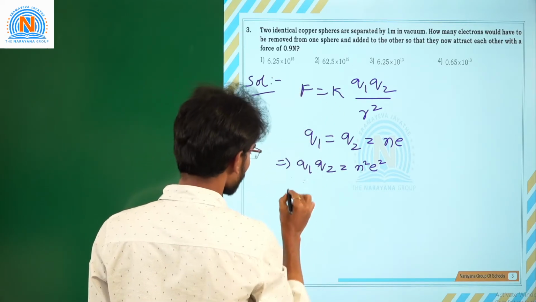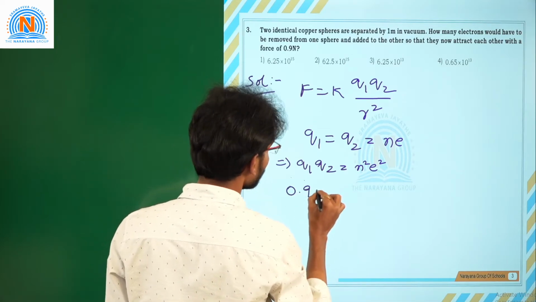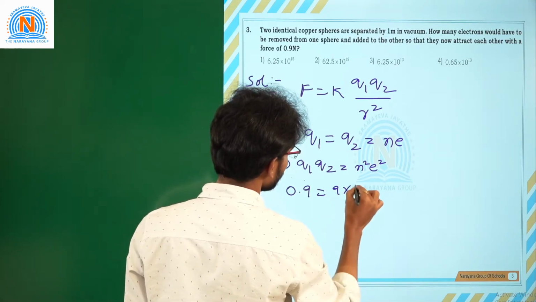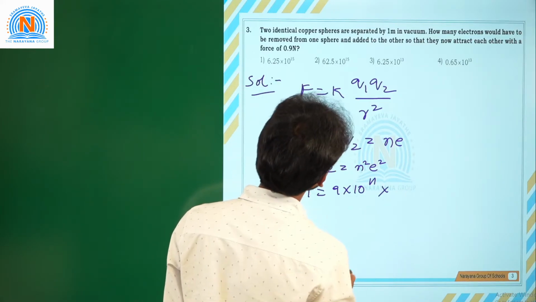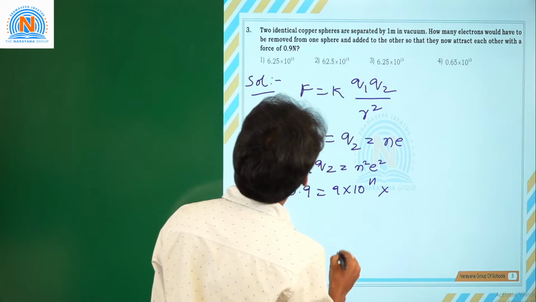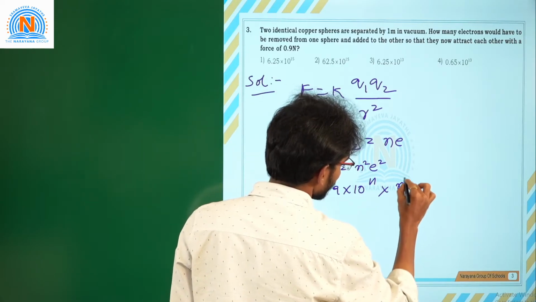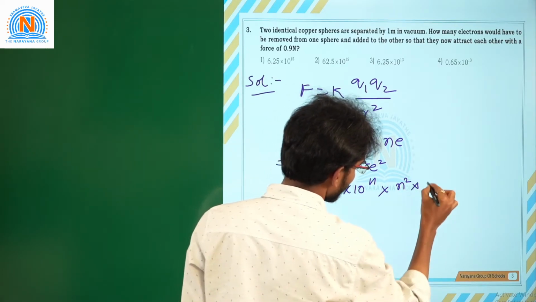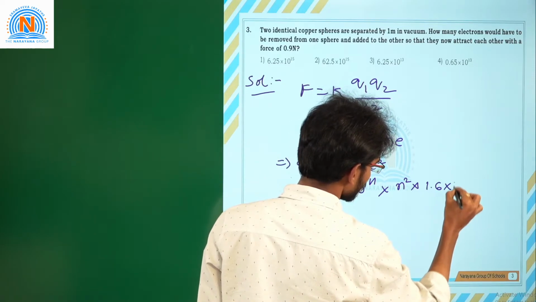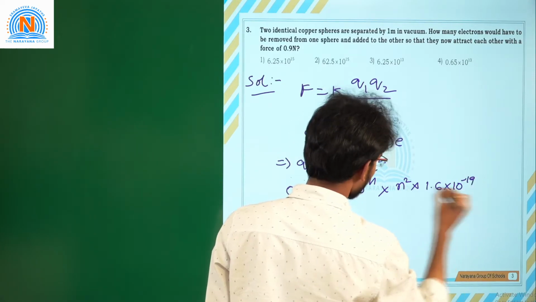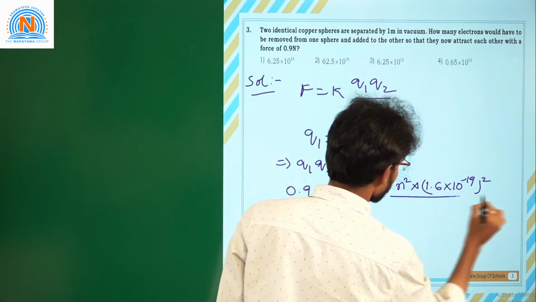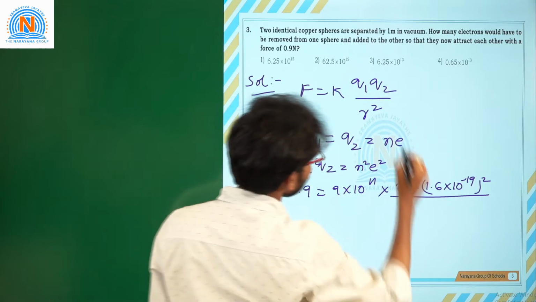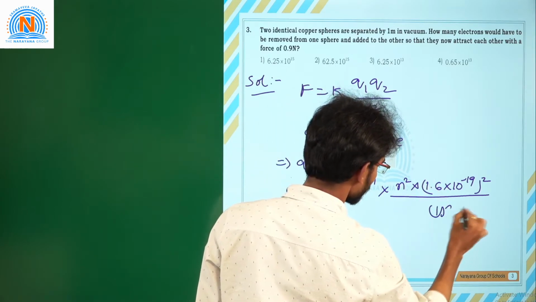F is given as 0.9, equal to 9 into 10 to the power of 11 into N square E square by R square. N square we don't know, and the E value we know, that is 1.6 into 10 to the power of minus 19, whole square, by R square, where they are separated by 1 meter, so 1 whole square.